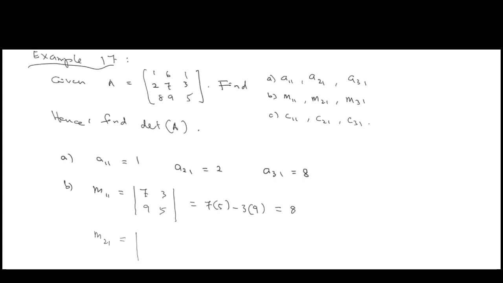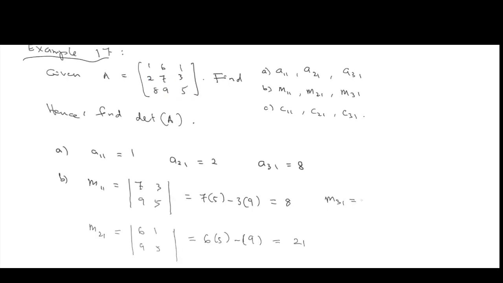M21 is the determinant of the matrix where we delete the second row and the first column. So 6, 1, 9, 5, which is equal to 6 times 5 minus 1 times 9, which is equal to 21.